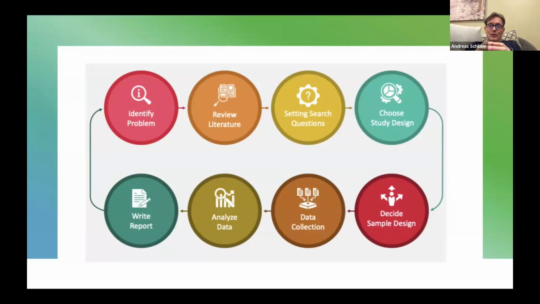Then you set your research question in the right context and choose the right design. Once you have decided on your design, you can then ask, okay, how do I collect my data? How do I analyze it? And in the end, the painstaking part is to write the report or the paper that you would like to publish.